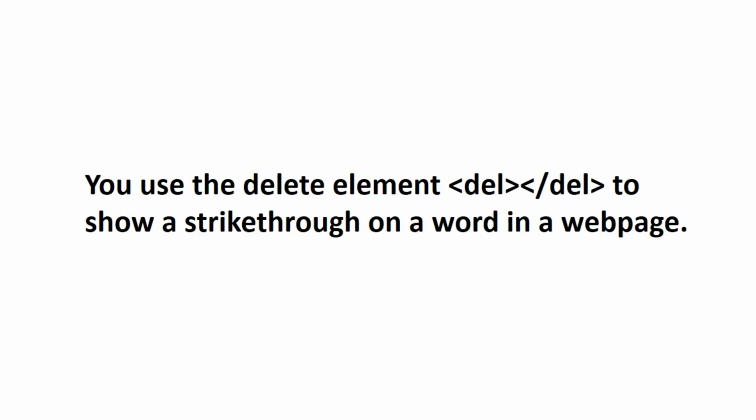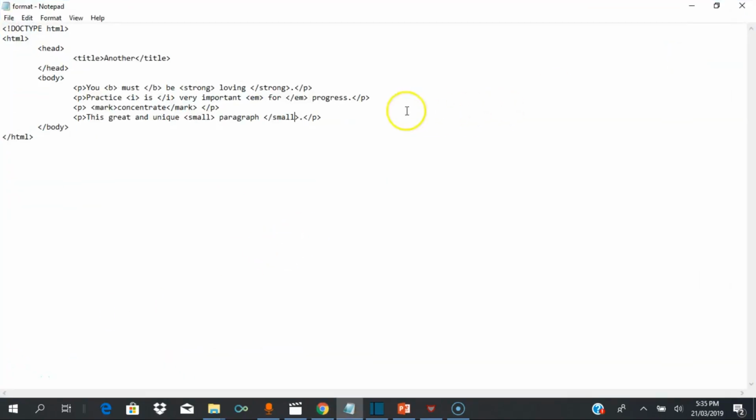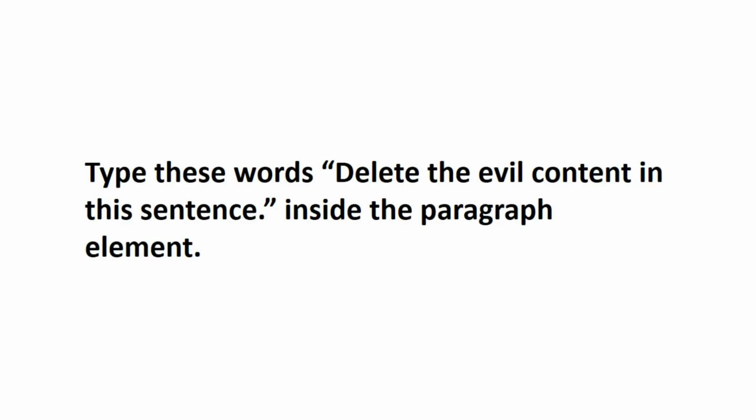You use the delete element del to show a strike through on a word in a web page. Create a new paragraph. Type these words, Delete the evil content, in the sentence inside the paragraph element.